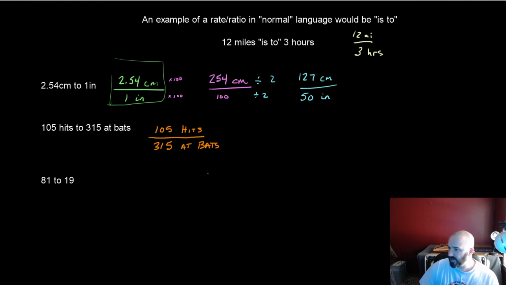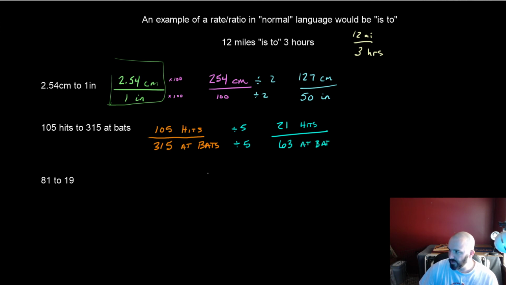So I'm going to start by dividing by 5 and see what happens. 105 divided by 5 is 21, so this is 21 hits. And on the bottom, 315 divided by 5 is 63, so this would be 63 at-bats.